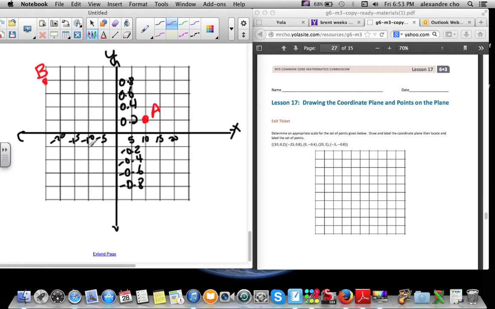All right, and then the next one is 0 and negative 0.4, which is right here. D is 20, 20 to the right, and 1 up. 1 up would be all the way up here. And finally, E is negative 5, which is to the left, and negative 0.8, which is all the way down here. We'll call that E. Not so much. I don't like the question.